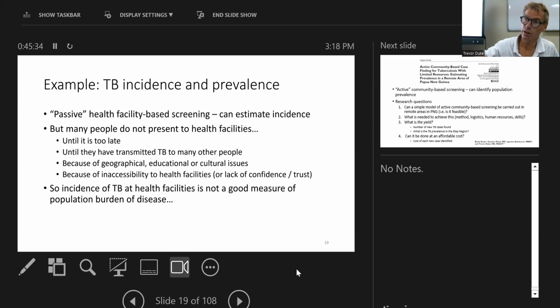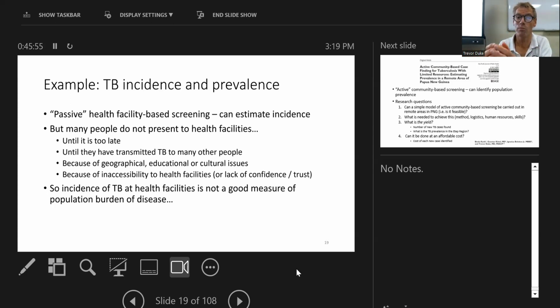And in TB, particularly, patients don't come to the health facilities until it's too late. So in the health facilities, we see the most advanced cases of TB, right? Or until they've transmitted TB to many other people, right? So they've contributed to the prevalence of TB in their community, and we're only measuring one of them, right?